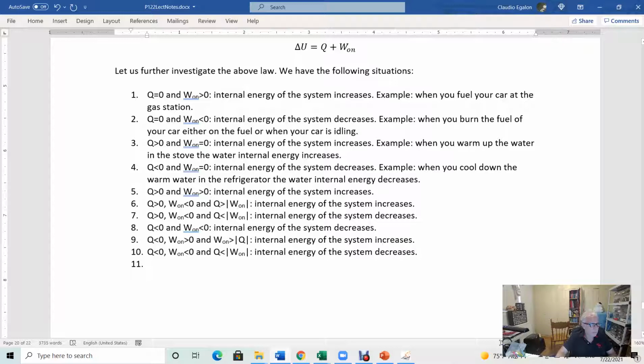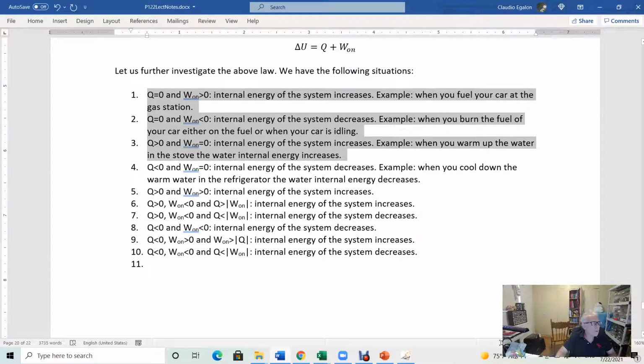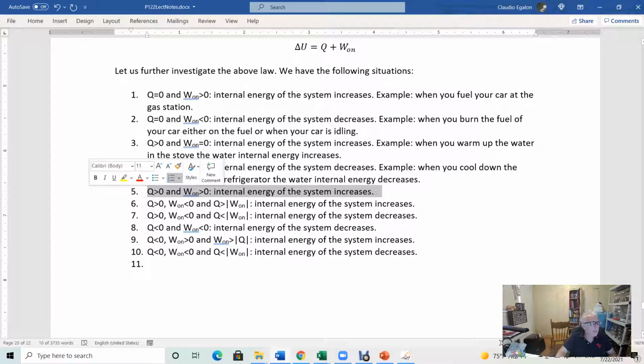What else do we have here? We must have all sorts of combinations, right? We can have Q equal to 0, W equal to 0, and then you have situations in which Q and W are different from 0.